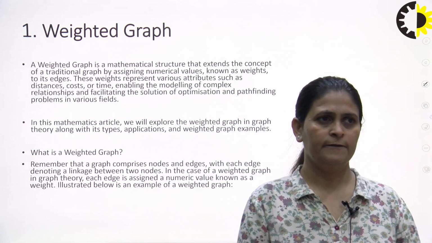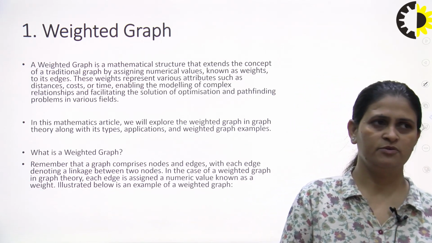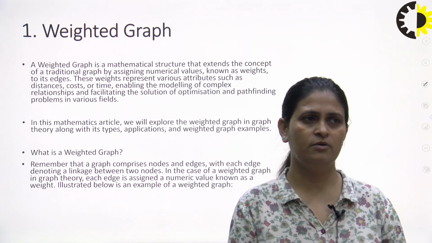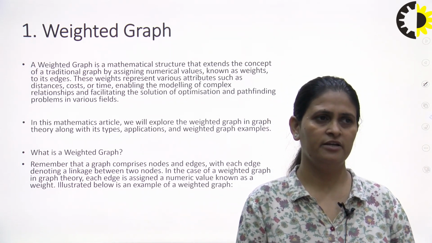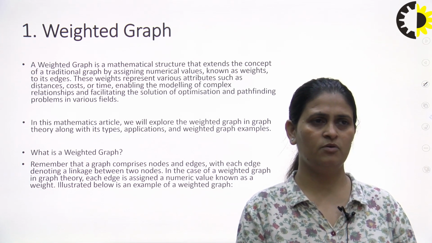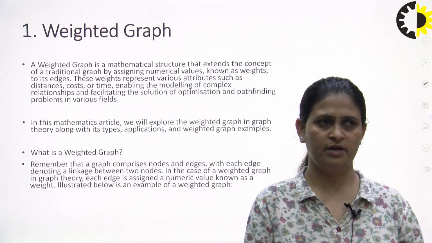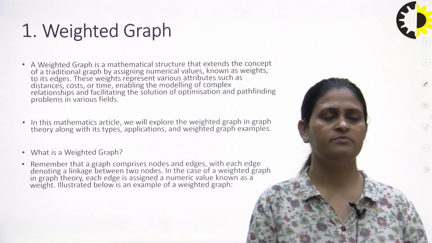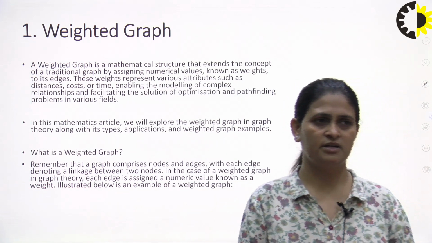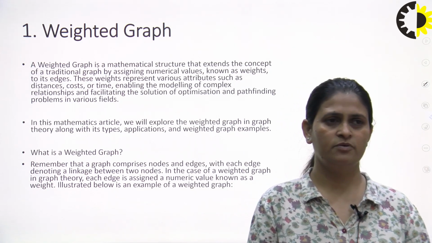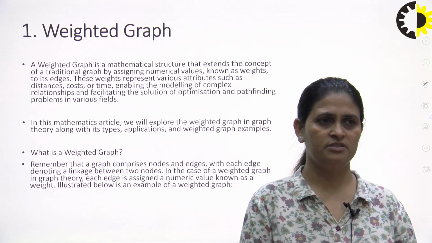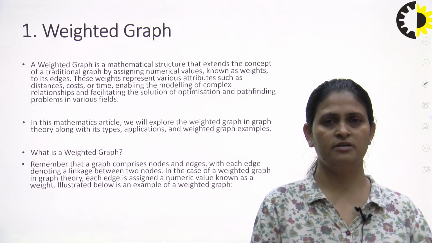These weights represent various attributes such as distance, cost, and time, enabling the modeling of complex relationships and facilitating the solution of optimization and pathfinding problems in various fields. In this mathematics article, we will explore the weighted graph in graph theory along with its types, applications, and weighted graph examples.